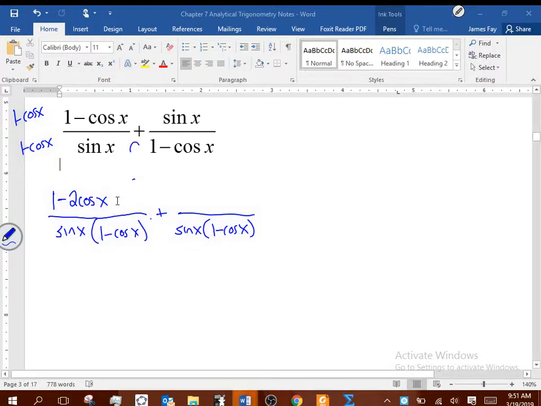So that's kind of an ugly part of this question, but nonetheless, we had to multiply that out at some point. What do I have to do over here? What do I have to multiply this one by? Sine x. So sine x times sine x is going to give me sine squared x, right?